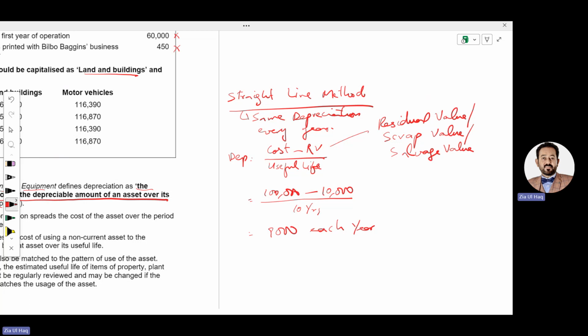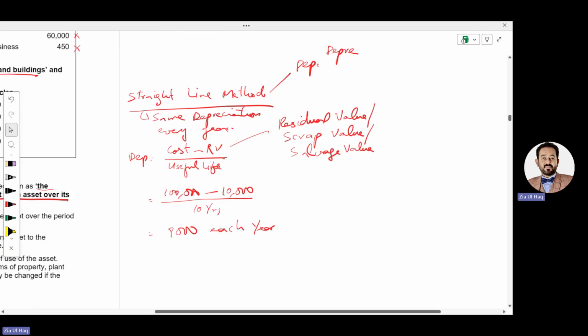How to calculate depreciation? Cost less residual value over useful life. This cost less residual value is called the depreciable amount. So the main formula using the straight line method is depreciation is equal to depreciable amount over useful life.